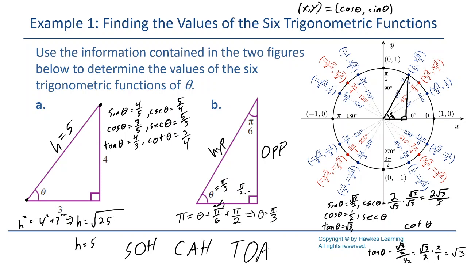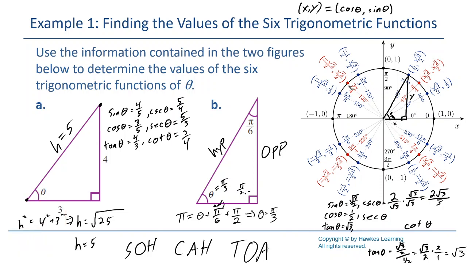Now you could say, well, it's plus or minus. Look at where we are. Sine had to be positive, and so did cosine. That means your opposite side and your adjacent side also had to be positive.